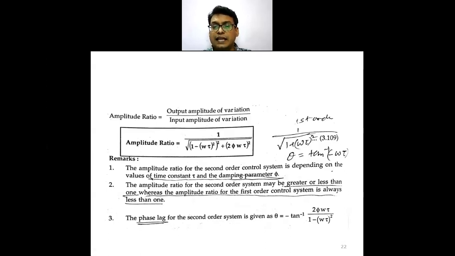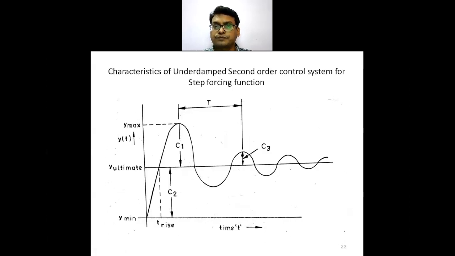And the phase lag for the second order system is theta, equal to tan inverse of 2 phi omega tau upon 1 minus omega tau squared. For the first order system, theta is the tan inverse of minus omega tau. Then this is represented graphically.